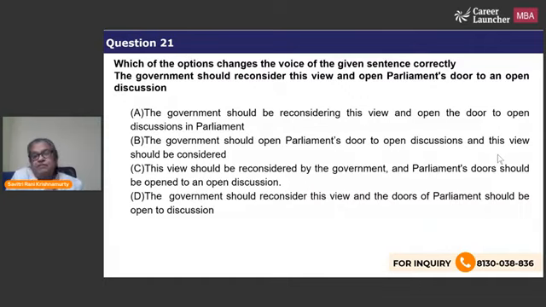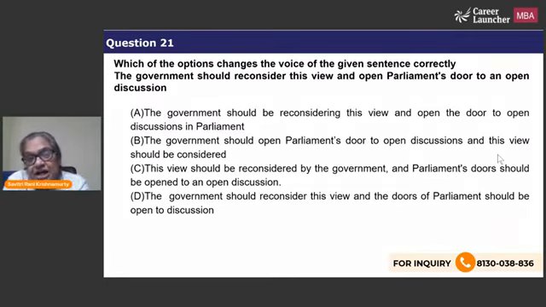Active, passive, and direct and reported speech. There was one aspect that I could not do. Parts of speech, I'll quickly finish. The moment I see my first answer, I'm going to change. Quick. The government should reconsider this view. Change that to passive voice. Second part, change it to passive voice.